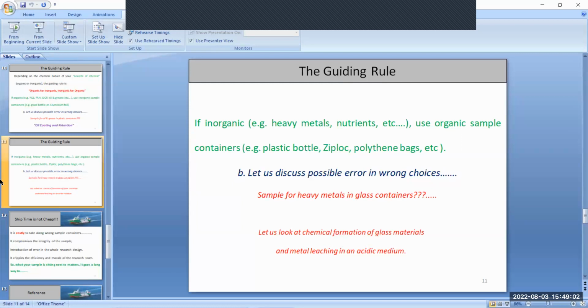And once this starts, all the metal that is contained in your glass will start leaching additional concentration of metals into your sample. So you've introduced another source of heavy metal into your sample already at that point, and that's setting in errors of different types, sampling error.